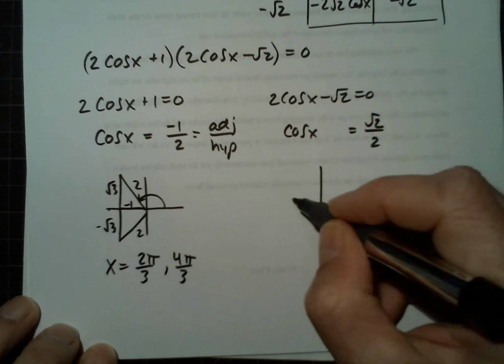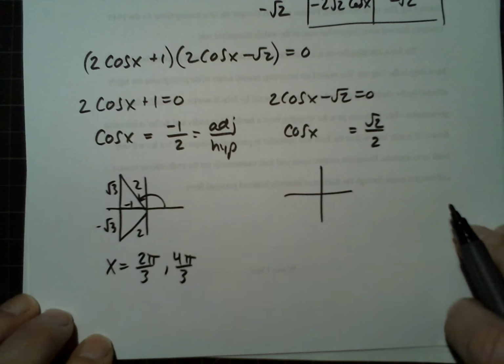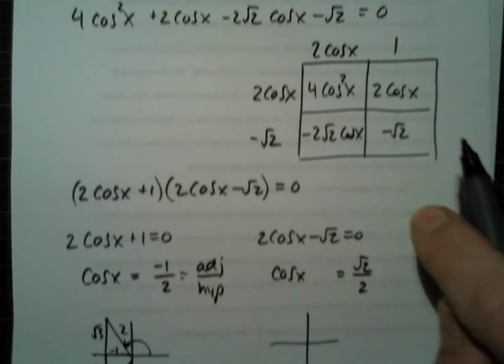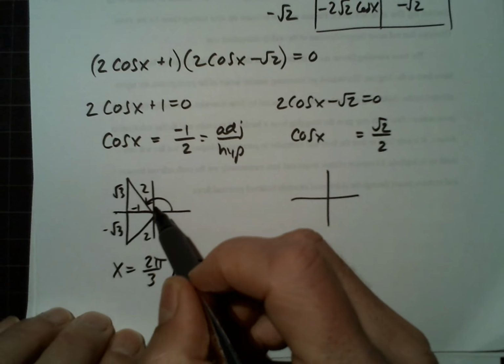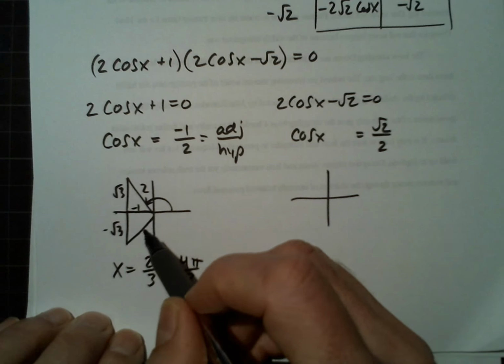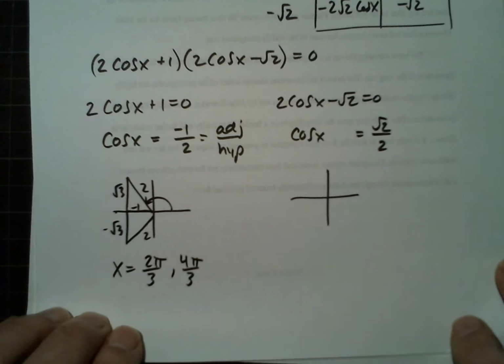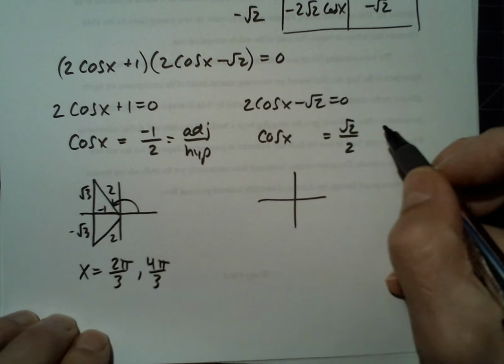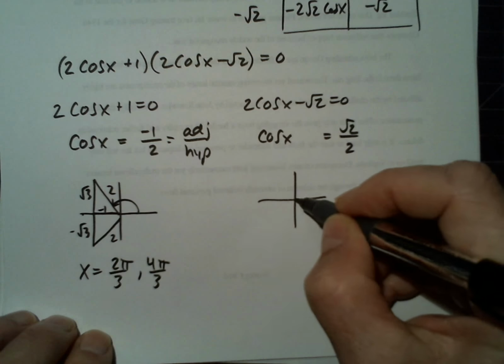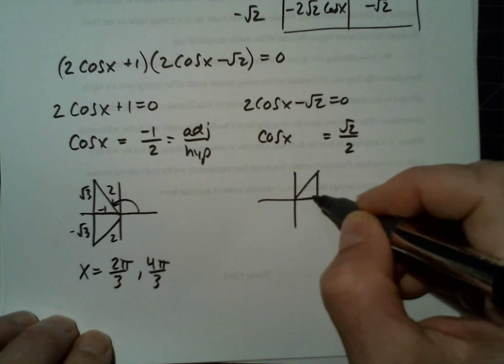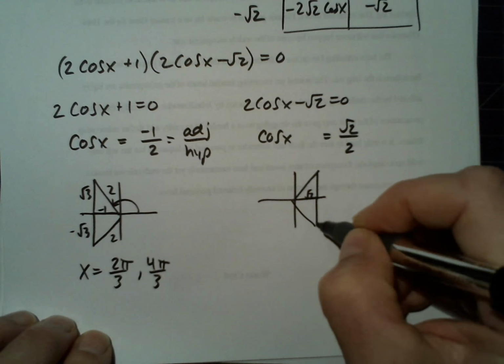On this one, we don't say plus 2 pi n because it said stop at 2 pi. We don't continue rotating to pick up more solutions, we just have those two. Okay, the adjacent is radical 2, it's positive, so we're on this side. There's the radical 2.